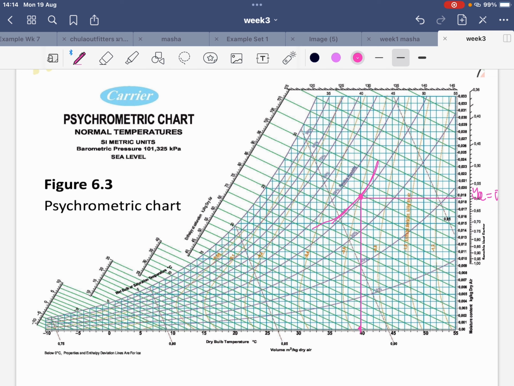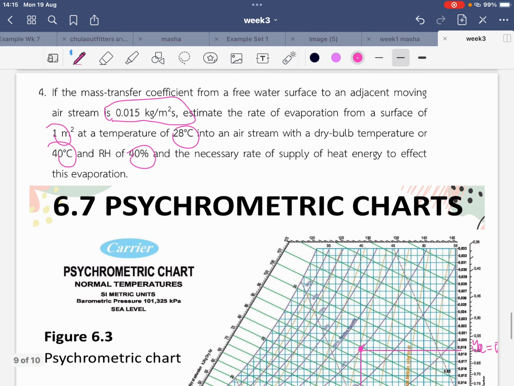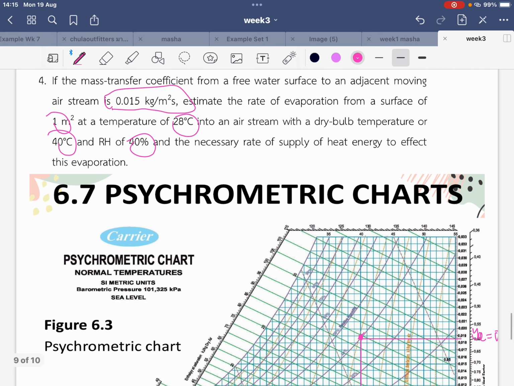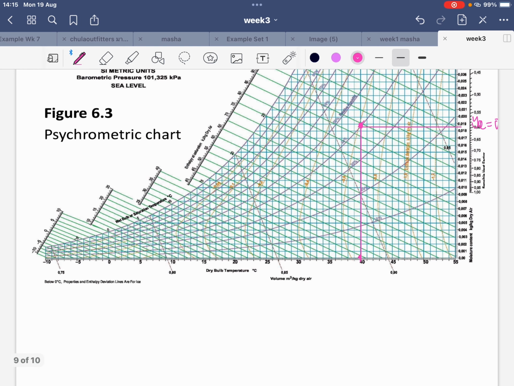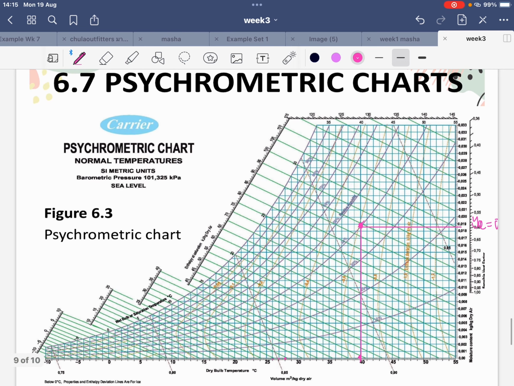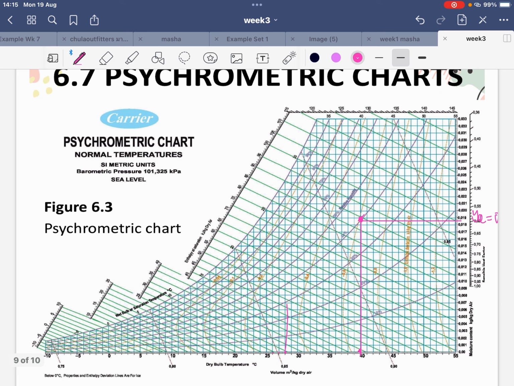Let me erase this 40%. Okay. And as we know that over here 28 degrees, so 25, 26, 27, 28, and also 30%, so 28 is here, and 40%, drop right here.